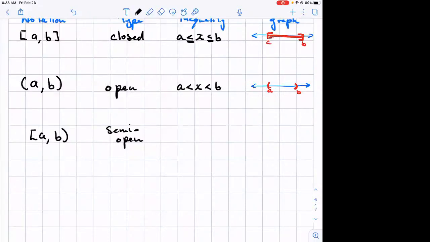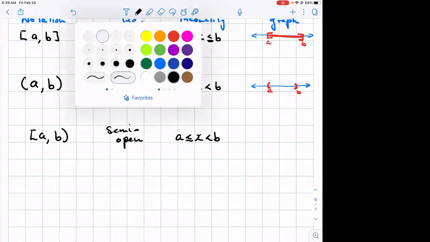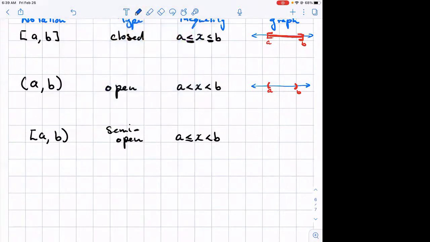I don't see that in the textbook. And here we say x is less than b, but greater than or equal to a. On a graph, only one side will have the bracket. So here we have A, and here we have B. Since the side A contains the equal, that will have the bracket. B does not, so we have a parenthesis.